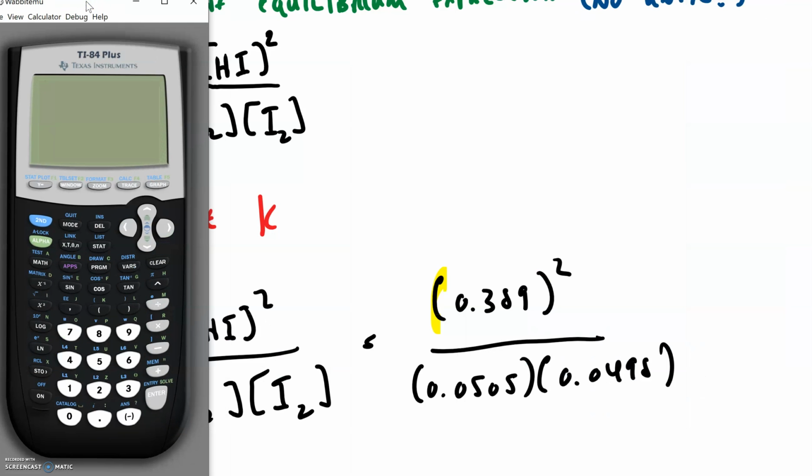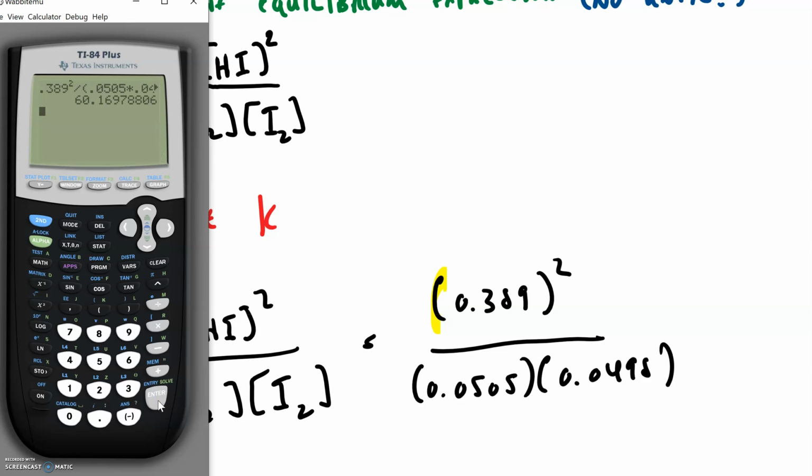You can do this all in one shot, or you can do it in a couple of steps. I'm going to do it all in one shot. So we're going to say 0.389 squared. We're going to divide this by the quantity of 0.0505 times 0.0498, and close these parentheses so the calculator knows that that's done, and this should tell us our equilibrium position.